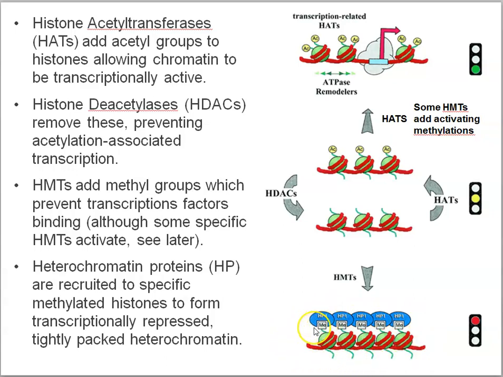When you get methyl groups, you then get recruitment of heterochromatin proteins which bind and very tightly compact the chromatin, preventing transcription factors from binding. So you've got your histone acetyltransferases putting on acetyl groups, promoting transcription, histone deacetylases removing acetyl groups, and then histone methyltransferases putting on methyl groups at specific sites on those histones, and then the ones that are not shown are the demethylating enzymes which reverse this process.